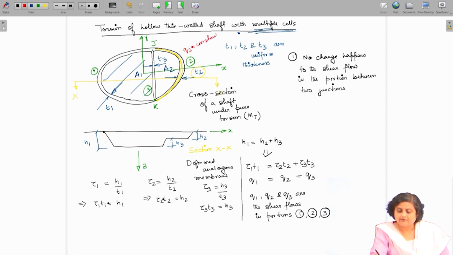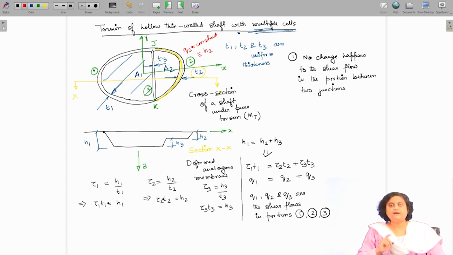So, from the membrane analogy, because Q2 is analogous to H2 and there will be a single H2 for this yellow portion, even for varying thickness tau 2 T2, the shear flow is going to remain constant over this portion 2. The same holds for portion 3 and portion 1.